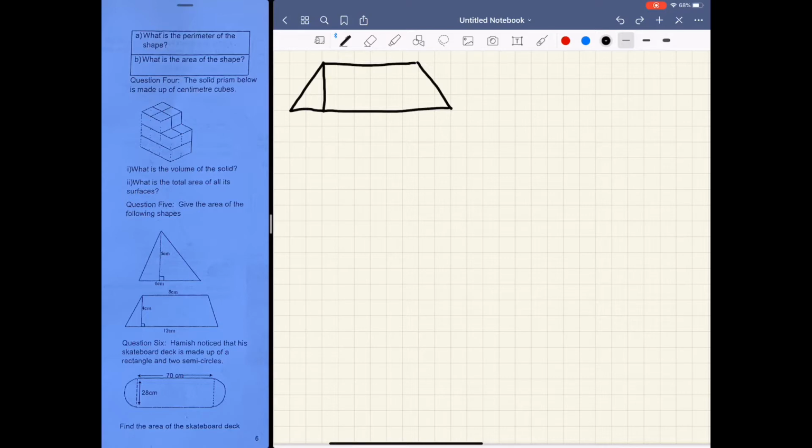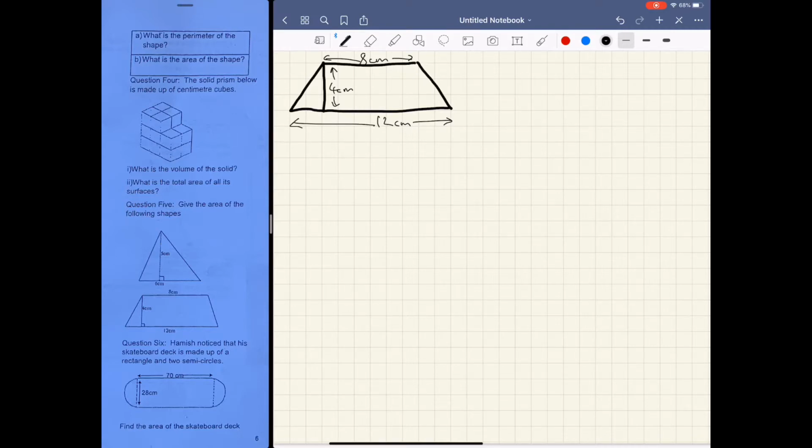We have 8 centimeters along here, 12 centimeters along here, and 4 centimeters here. So whoops, one mistake. 12 centimeters is along here.